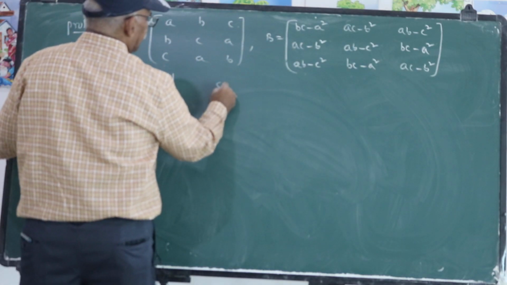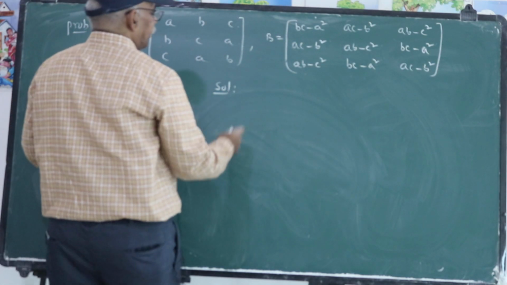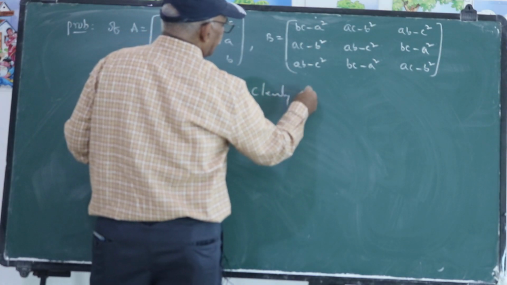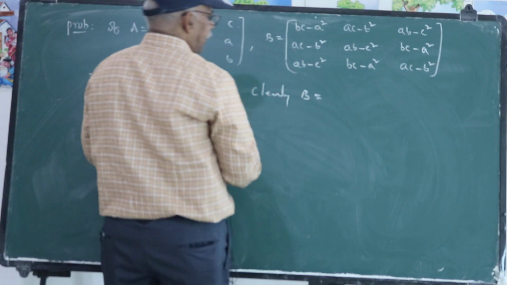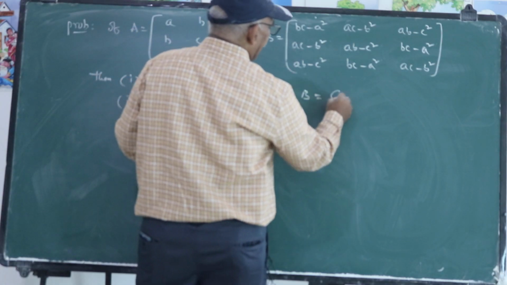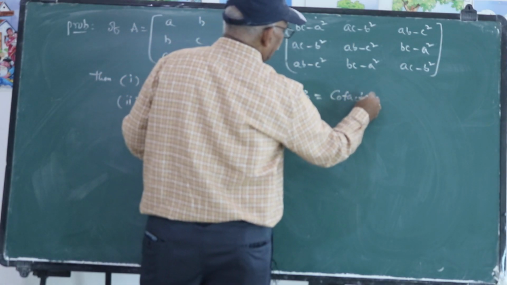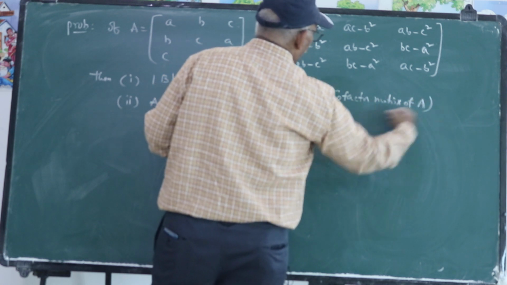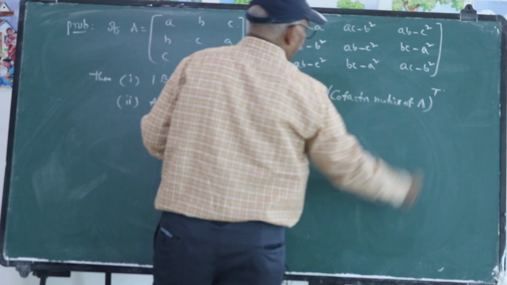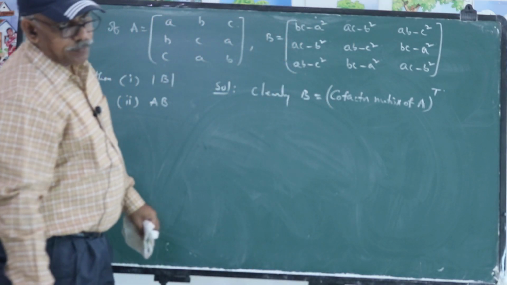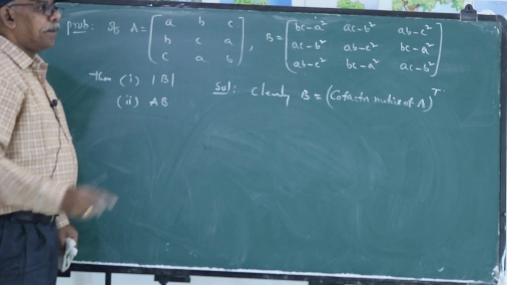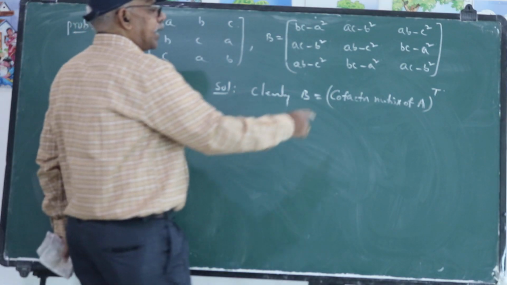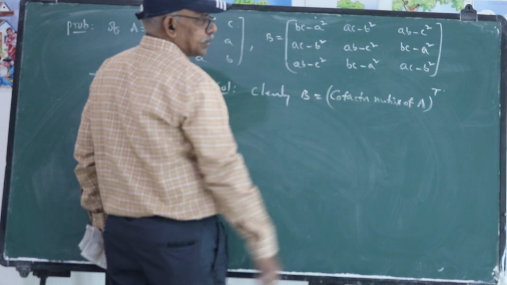So coming to the solution. Clearly, B is the cofactor matrix of A whole transpose. Once you replace each and every element of A by its corresponding cofactor, the obtained matrix is called the cofactor matrix.